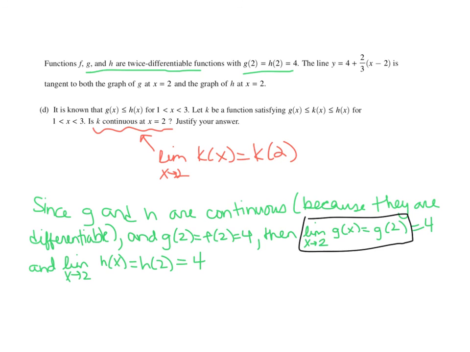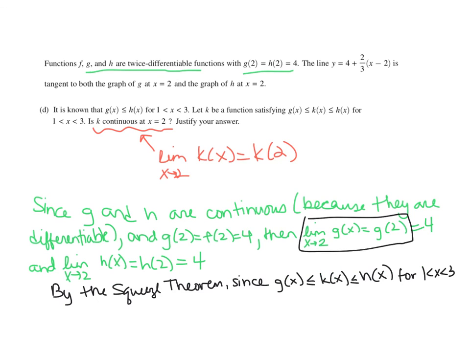Next thing that we're going to do, we still haven't spoken about k. So we now can use the squeeze theorem. The squeeze theorem is going to tell us two things. Since we know that both g and h are 4 at x equals 2, we also know that because k is between them, it also has to be equal to 4.